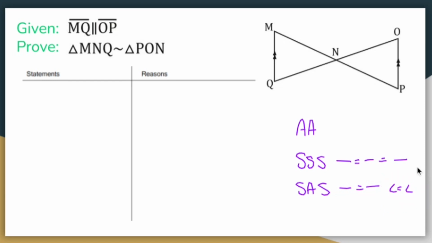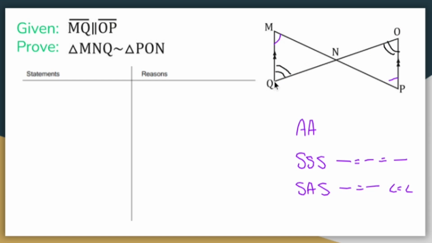Now, let's see what I can do here. I have the fact that these guys are parallel. Since they're parallel, I can say that these are alternate interior angles, so they're the same. Let's mix it up. I was going to do vertical angles, but I changed my mind mid-sentence.